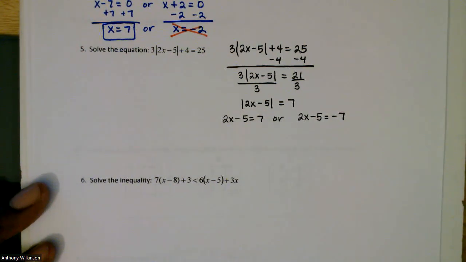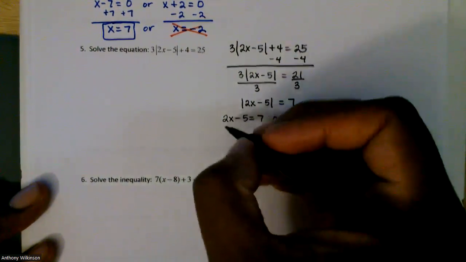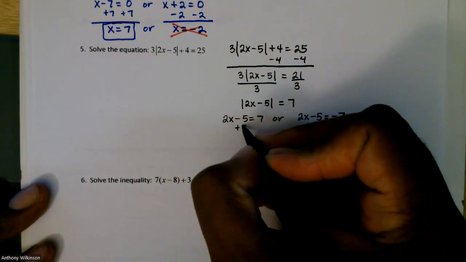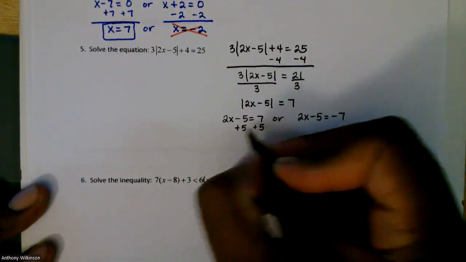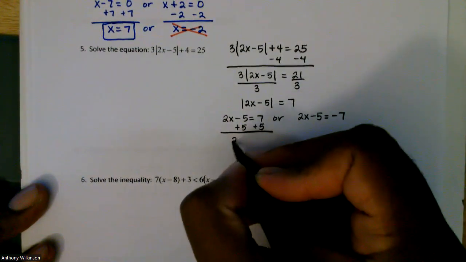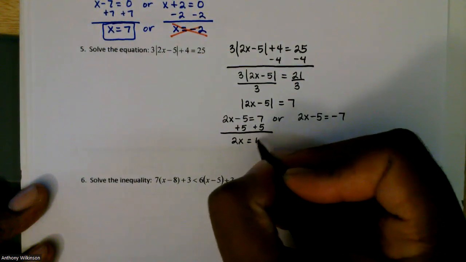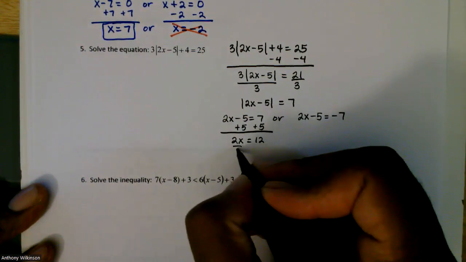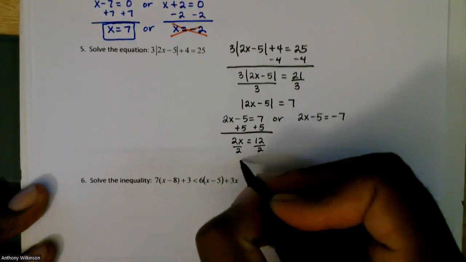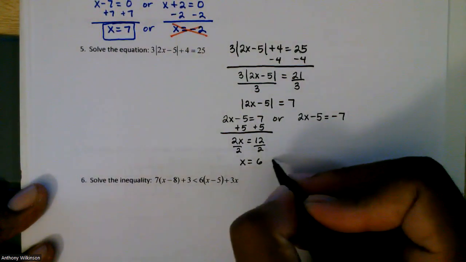And each equation I'm going to solve for x. So for the 2x minus 5 is equal to 7, if I add 5 to both sides, that would mean 2x is equal to 12. Then divide both sides by 2 to get x by itself. That means x is equal to 6.